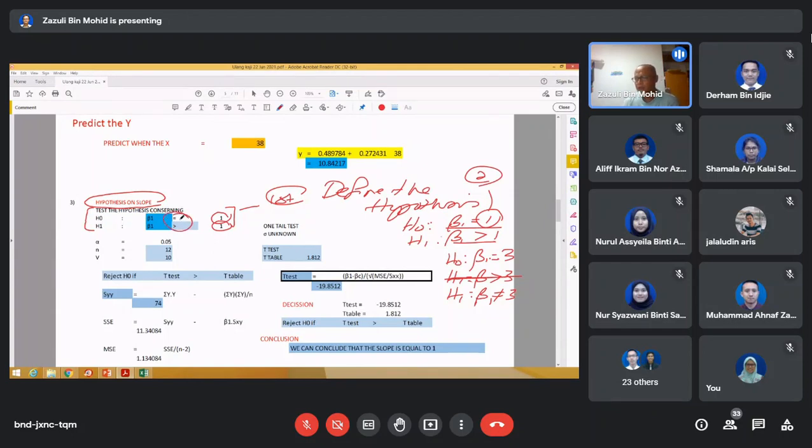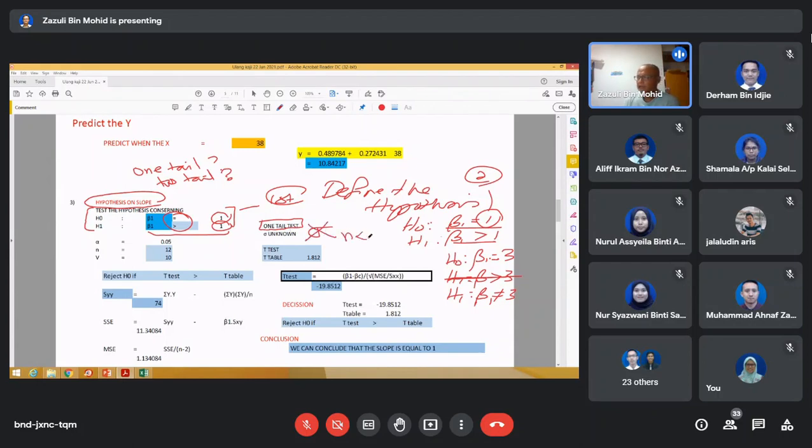So from this one you have to define whether it is a 1 tail or a 2 tail test. In this case it is a 1 tail test, and the population standard deviation is unknown.